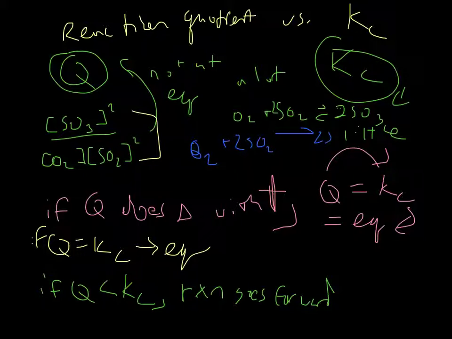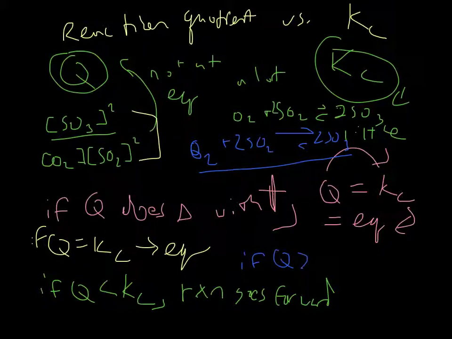A lot of it is turning to SO3, and not so much is turning back into reactants. This is called favoring the product side, shifting in the product direction, or going in the forward direction. All you need to know is that it's making a ton of product.